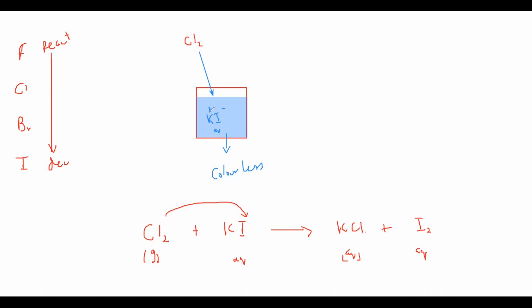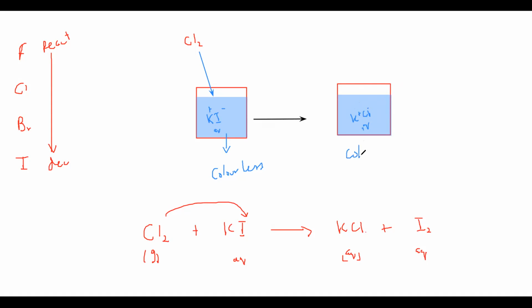So when we bubble this chlorine gas through a solution of potassium iodide, what will we observe? We will observe that the solution will turn into potassium chloride, but again potassium chloride is colorless, as I mentioned that group 1, 2 or 3, if they are soluble salts, they are colorless.